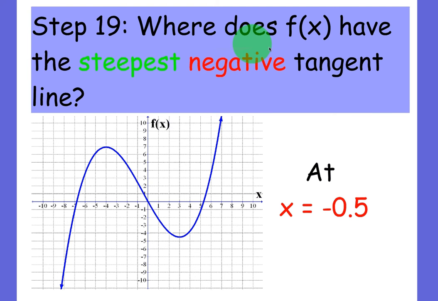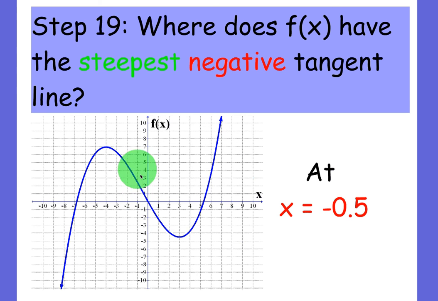We can get really in depth here. Where does f of x have the steepest negative tangent line? Well, these are all positive tangent lines, so only here does it have negative tangent lines. It looks like at negative 0.5, to me, it's going to be the steepest. So what does that mean?